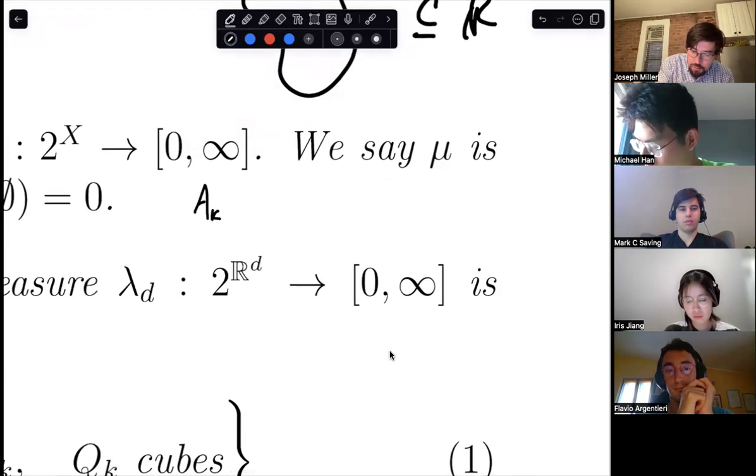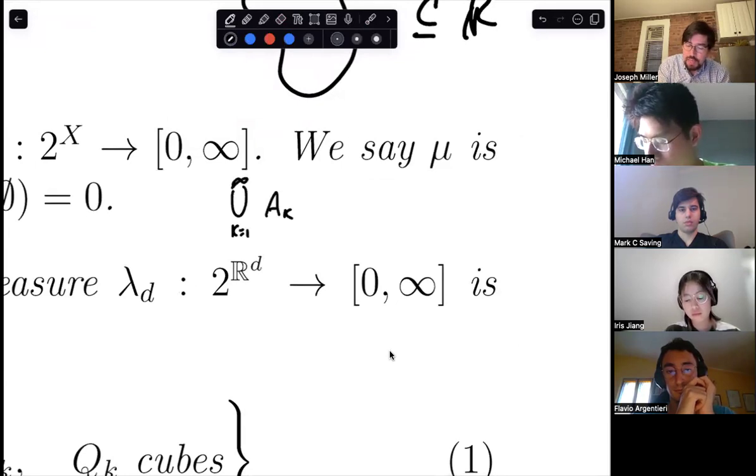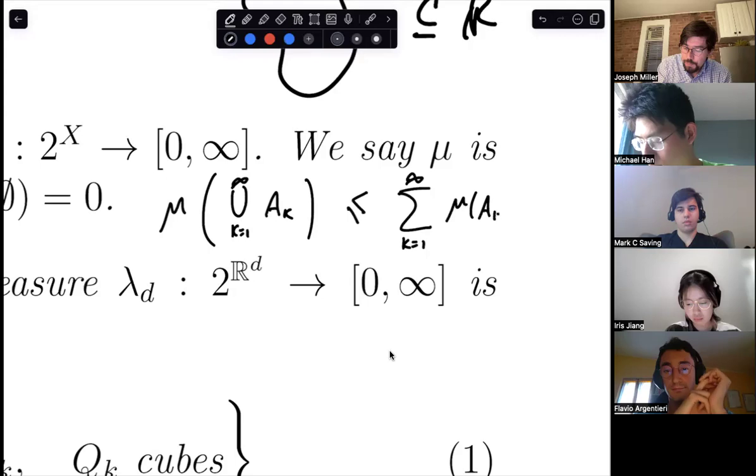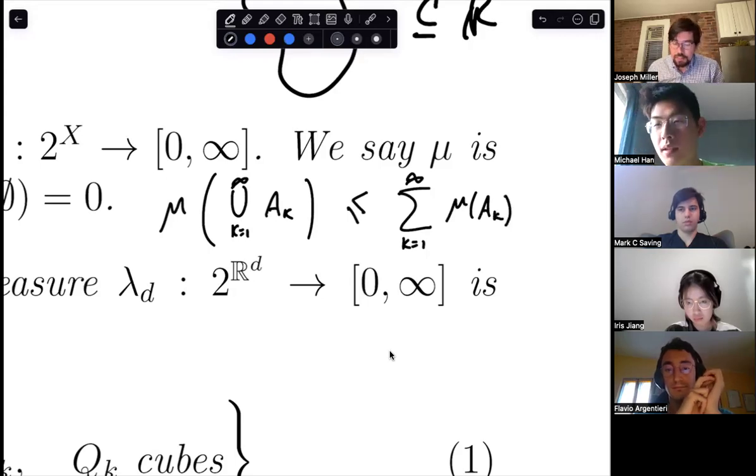If I have sets A_k and I take the union, k goes from 1 to infinity, so it's a countable collection of sets, and then I measure mu of it, I want this to be less than or equal to the sum for k equals 1 to infinity of mu of A_k. This is what countable subadditivity means.